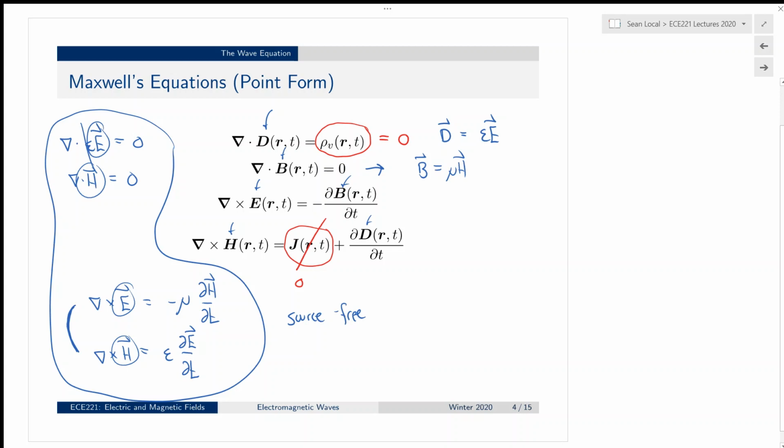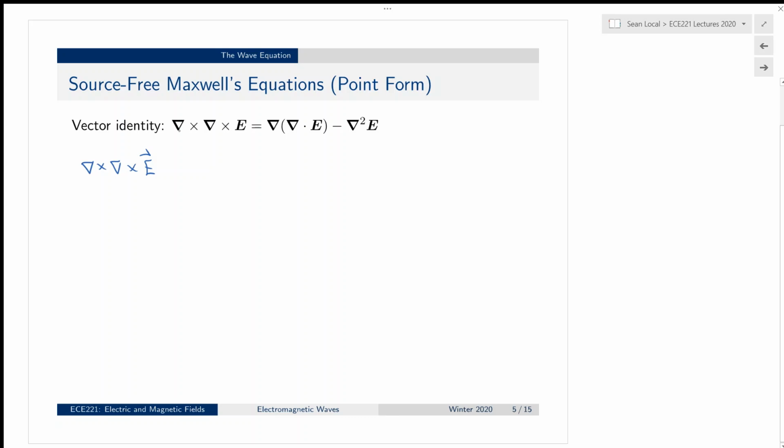So we can write this moving forward here as minus mu times the partial time derivative of curl of H, because we've applied the curl operation. And it doesn't matter what order of operations we do, the time derivative or the spatial derivative or the curl, these can be done in either order.